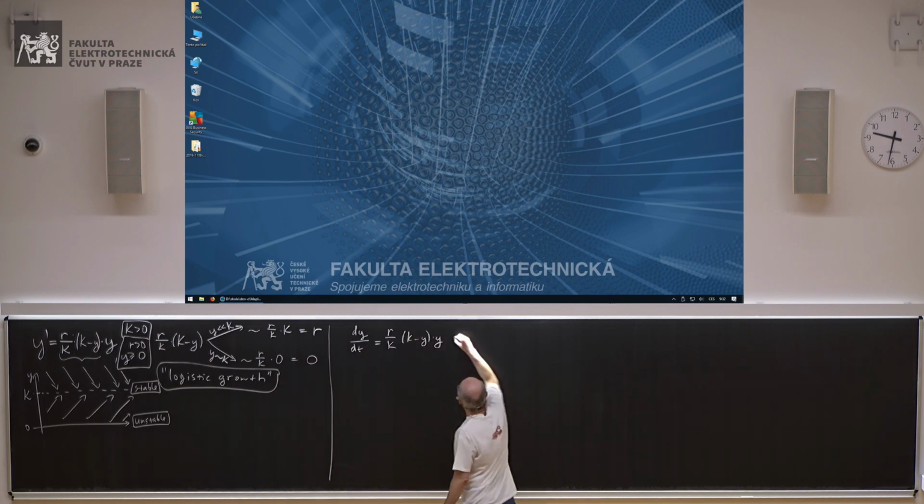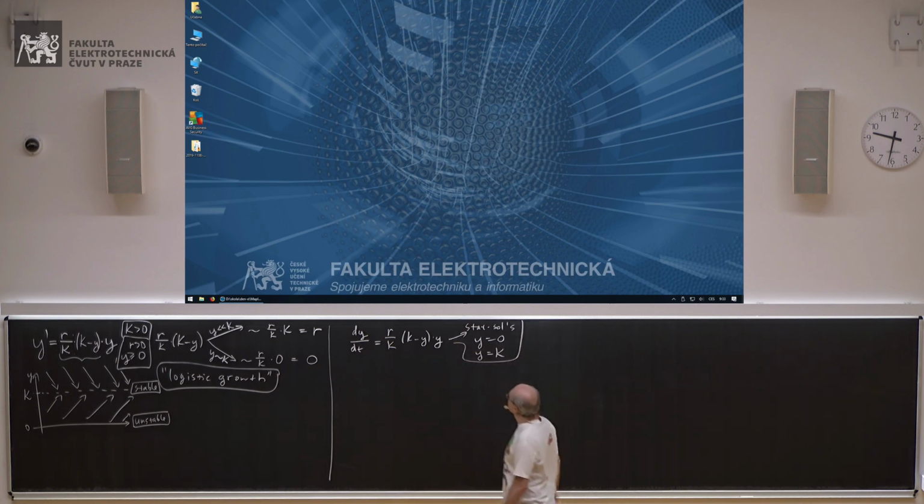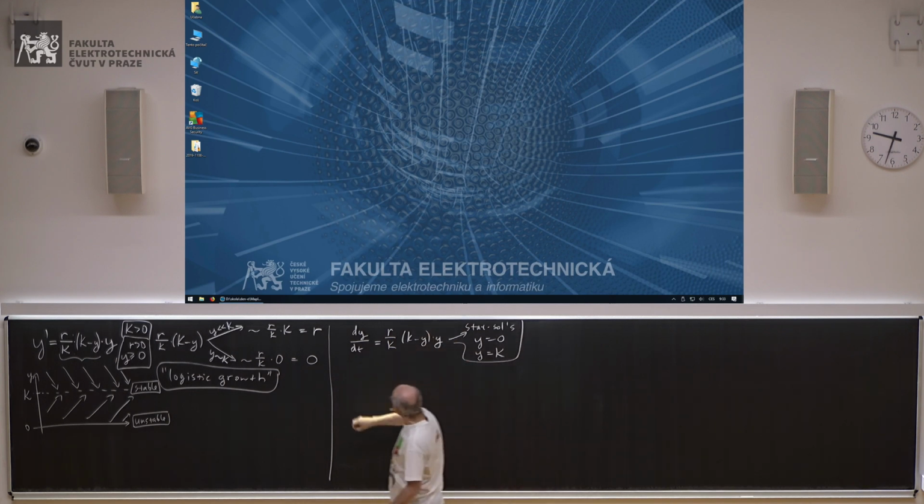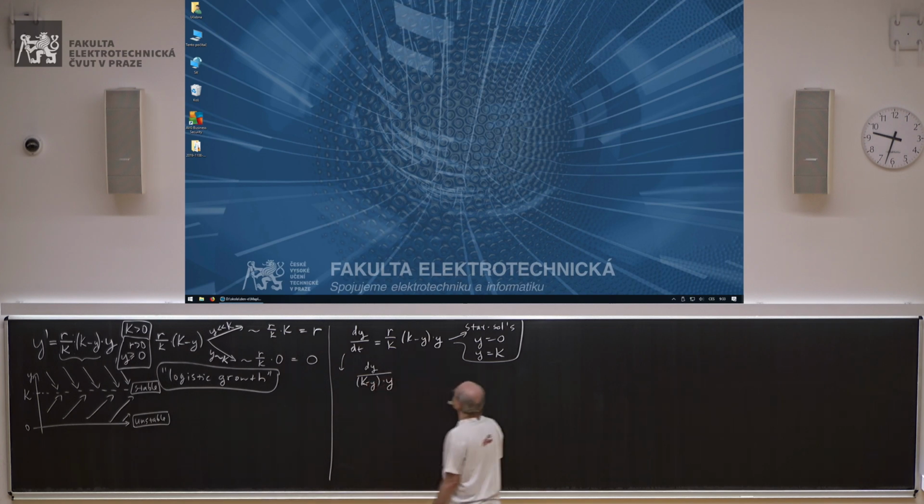Okay, stationary solutions. y is equal to 0, y is equal to k. Otherwise we divide, and we get dy over k minus y times y. So far so good.